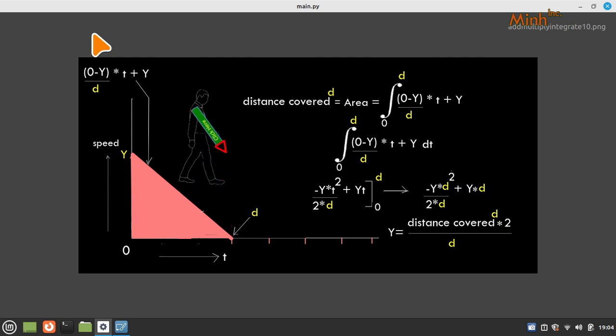So if that is the scenario, can we see this is the equation of a line?